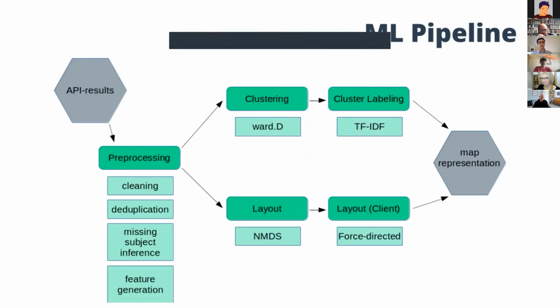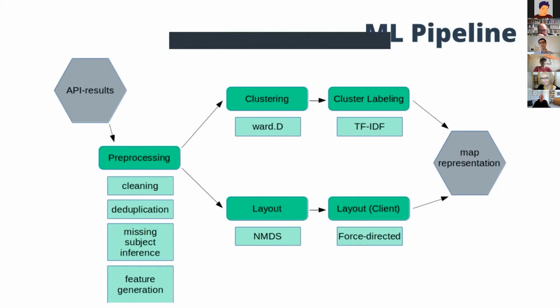In more particular terms, we first start with the pre-processing, the cleaning, deduplication. We also try to infer keywords, because we use keywords later on for the labeling. And then we create the features, in our case, the co-word metrics. This matrix is then used in a clustering process and in a labeling process.